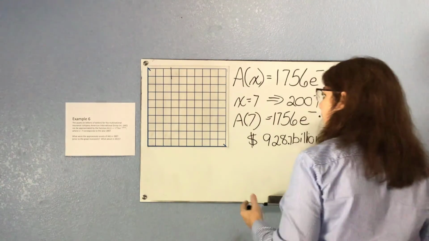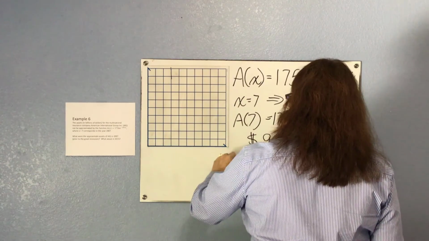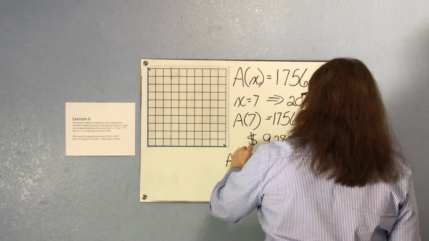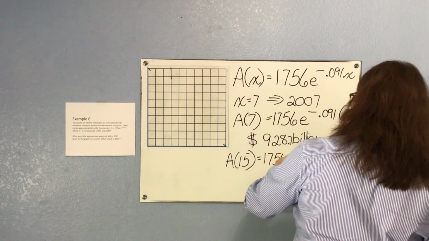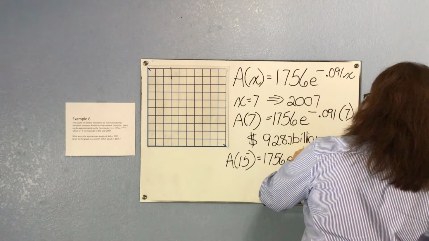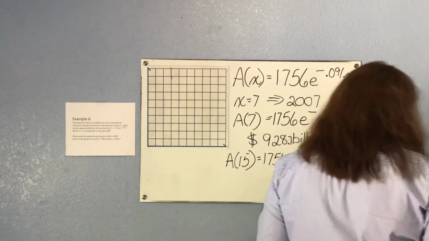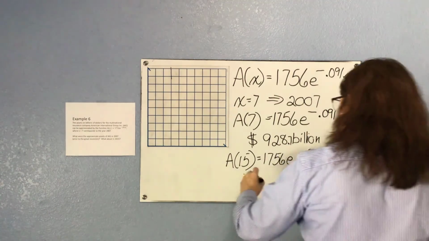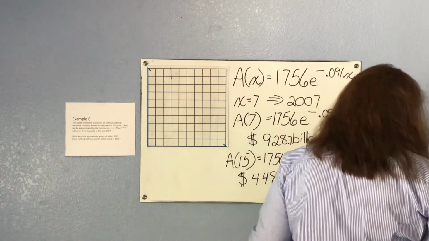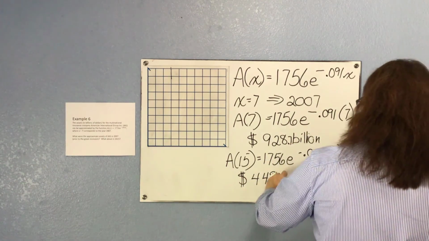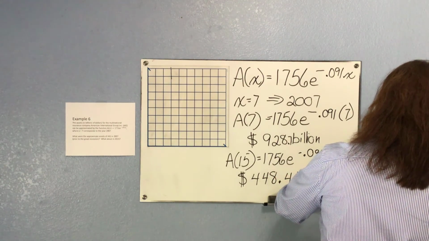And now we want to know, what were the assets in the year 2015? So now we'll find A of 15, times 15, and this gives us a total of 448.4 billion dollars.